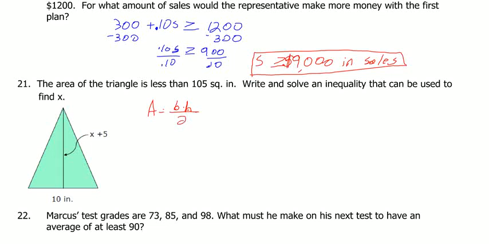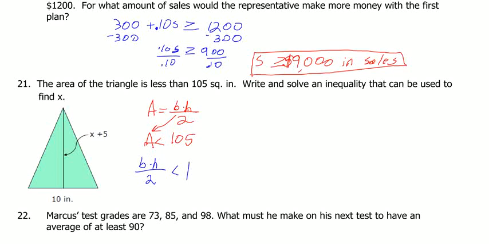So, we need the area to be less than 105 square inches. Okay, so we're going to take what the area equals and put it right here. So A is this is A.